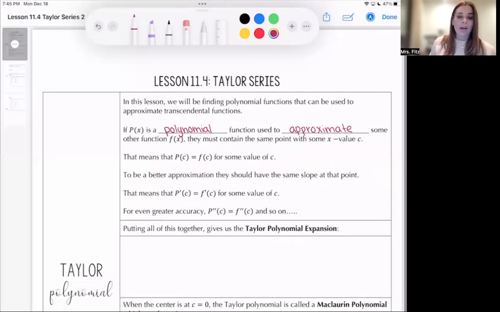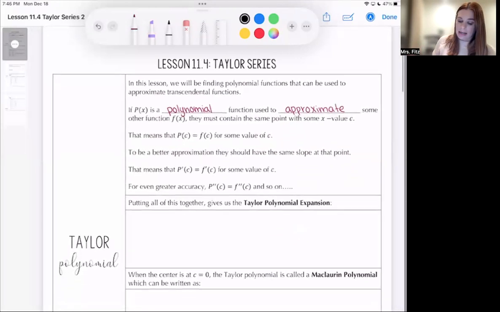So putting this all together, it actually gives us our expansion for Taylor polynomials. Let's go ahead and fill in this box here.